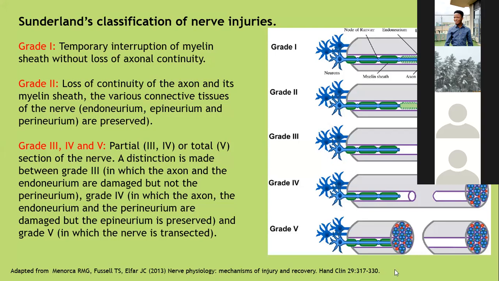So you can read the whole paper, but I have tried to summarize for you here, where we have all the grades that we have talked about, type 1 all the way to type 5 according to Sunderland's classification.